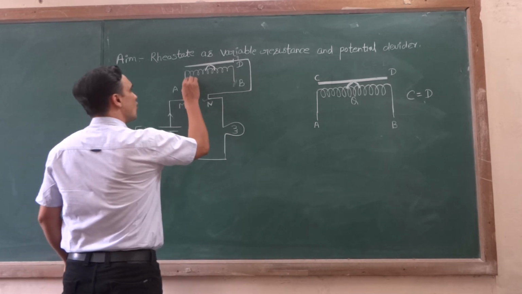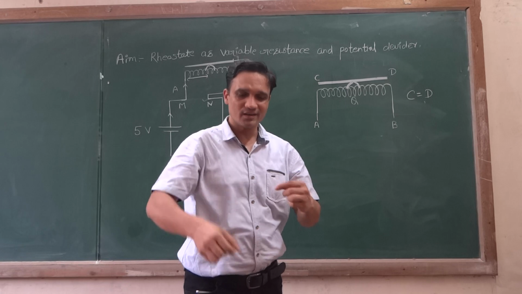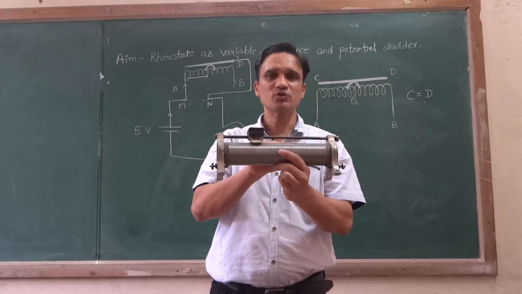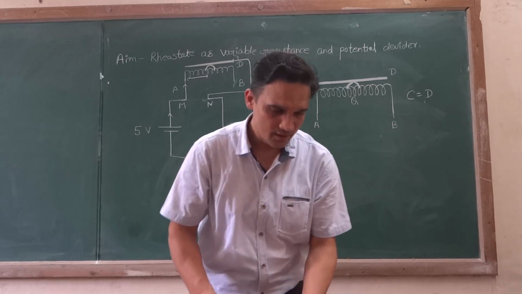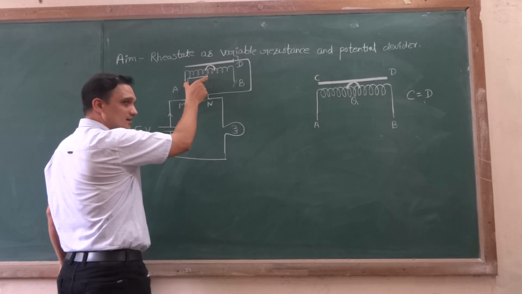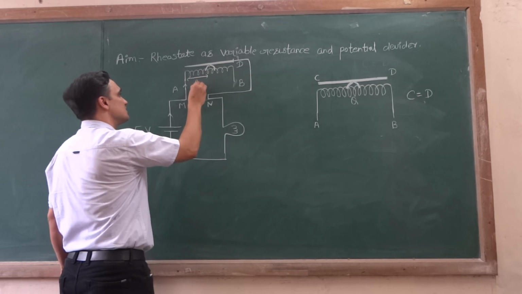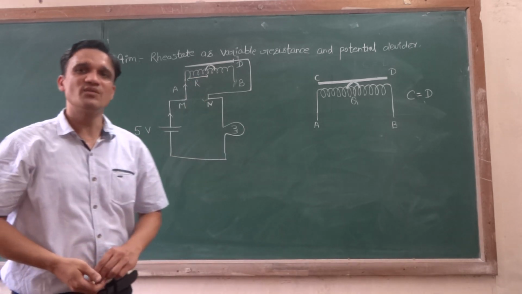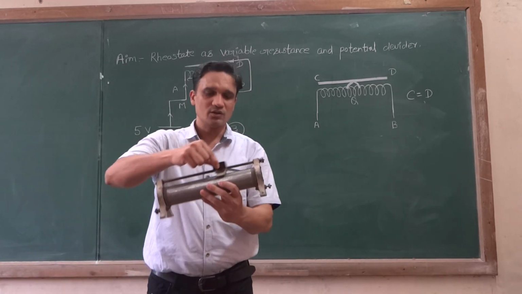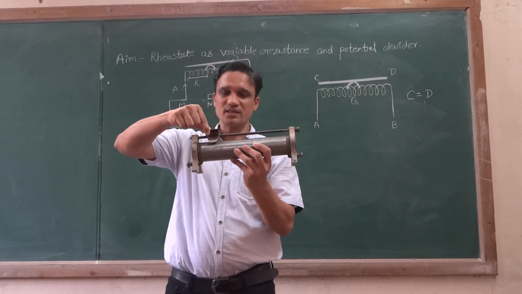So this portion of the rheostat, because there is a nichrome wire which is wound on the rheostat, has a uniform distribution of the resistance. Now this portion of the wire which is wound on the rheostat will work as a resistance. Now how is it going to work as a variable resistance? This top portion of the rheostat can slide on the rheostat.